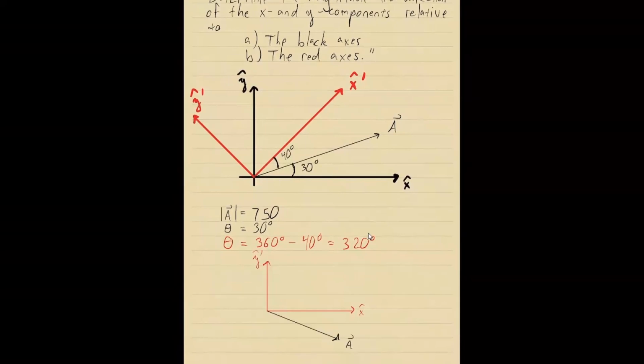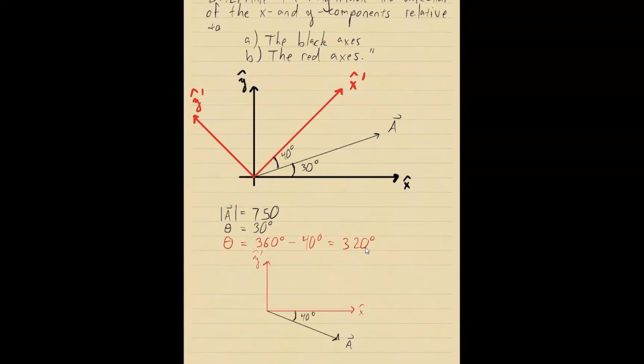These correspond to the same picture. And I've said that the angle between our positive x prime axis, this one right here, and our vector A is 360 degrees minus that 40 degrees, which is this 320.